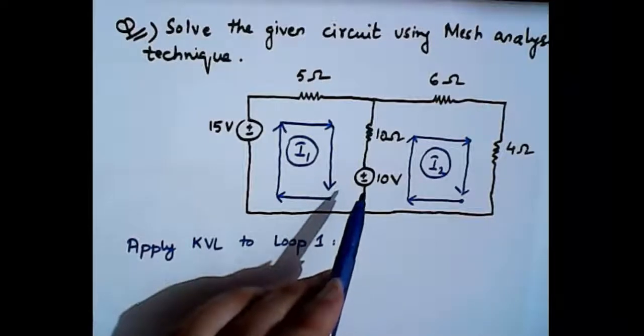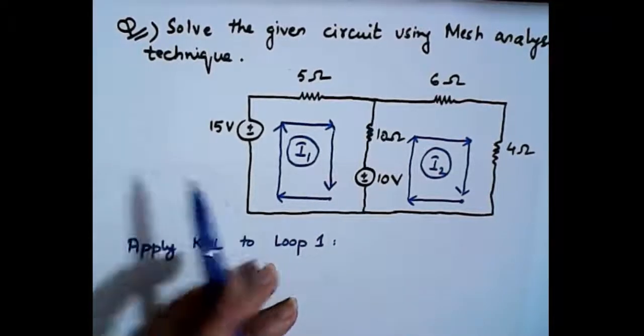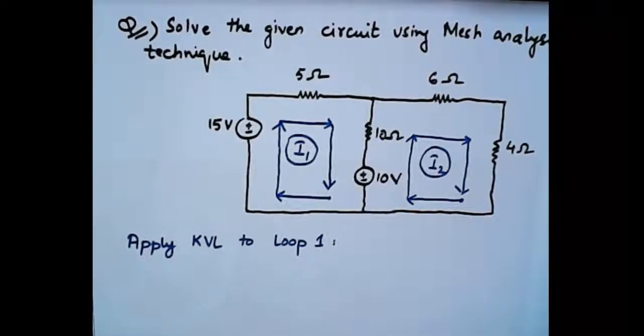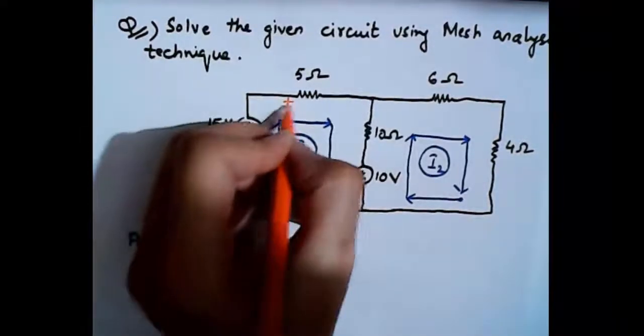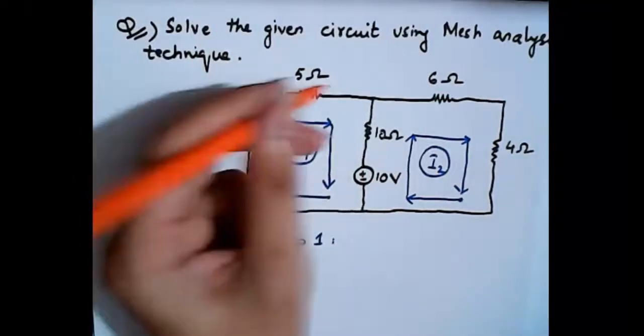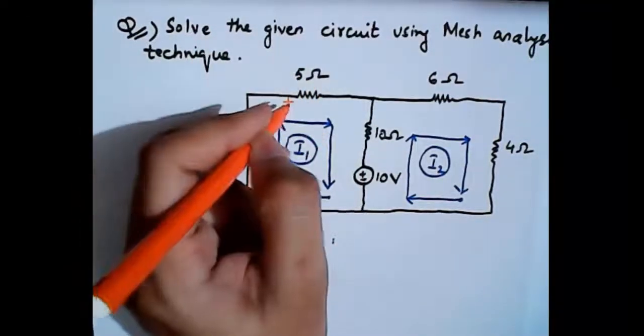If the polarities of the resistances are not marked, then you need to assign the polarities in such a way that the current is entering the positive terminal.